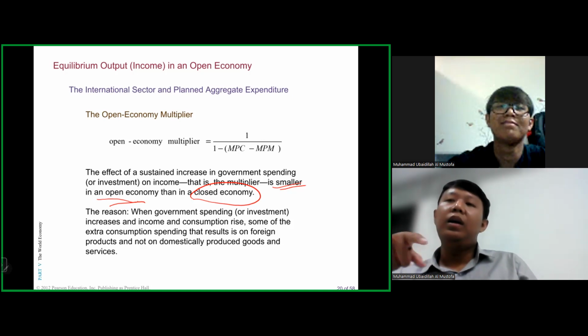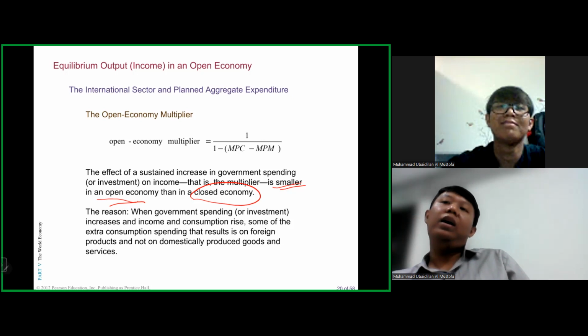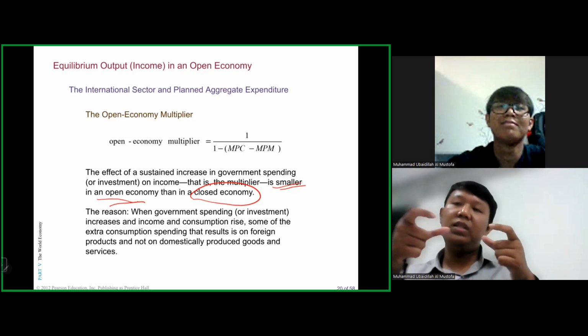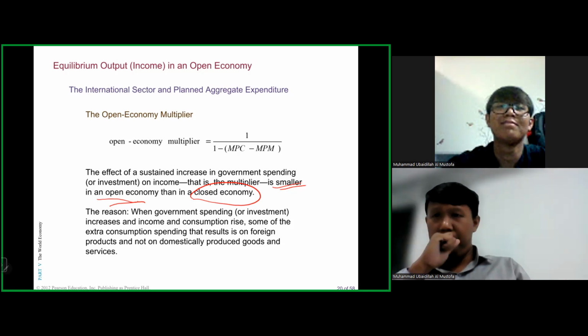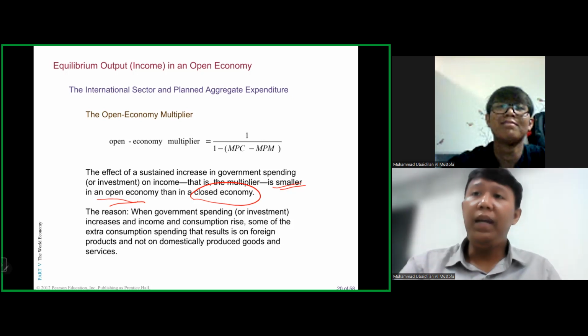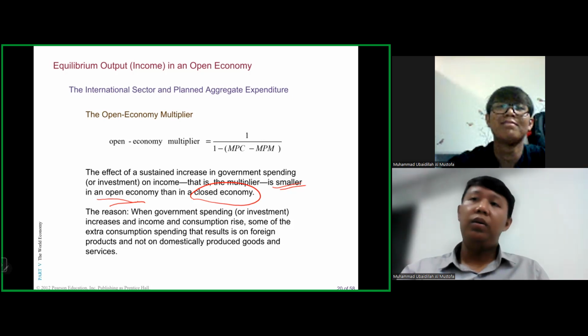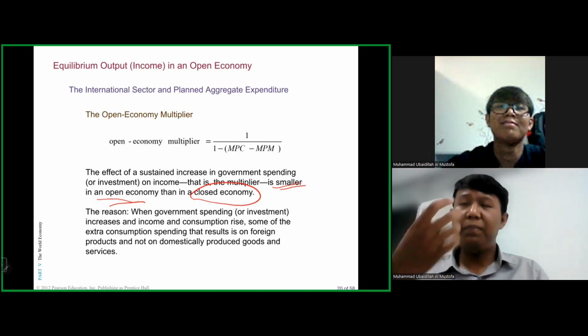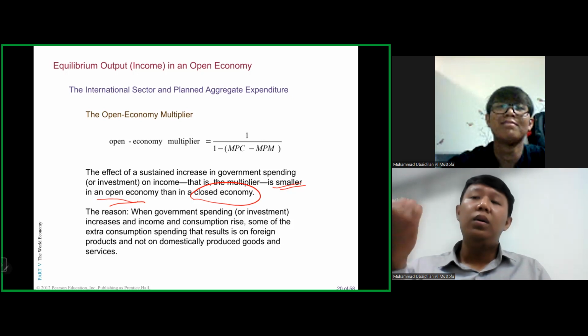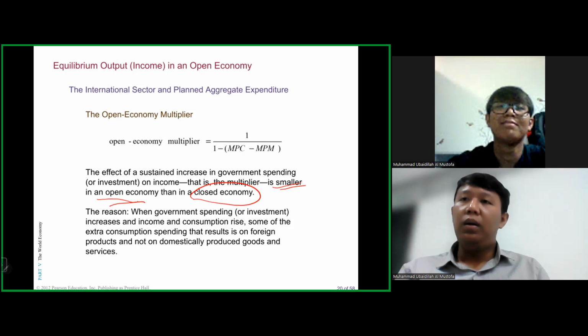But what happens if we have an economy with an open style, the open type of economy? Some of this consumption will be used for buying imported goods and services.